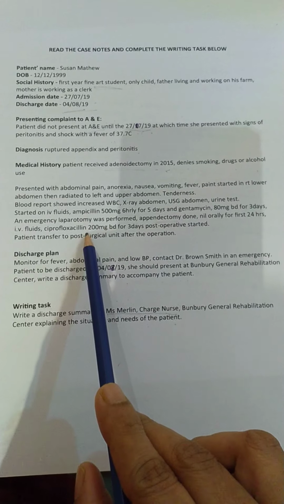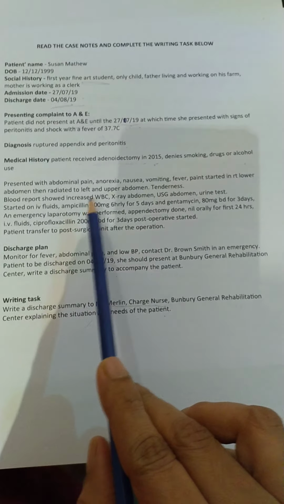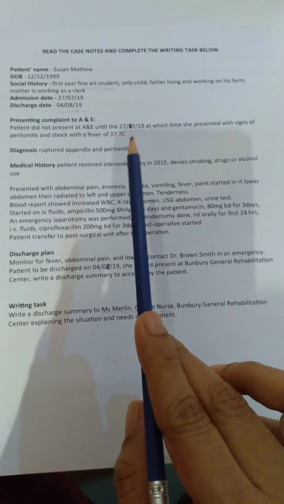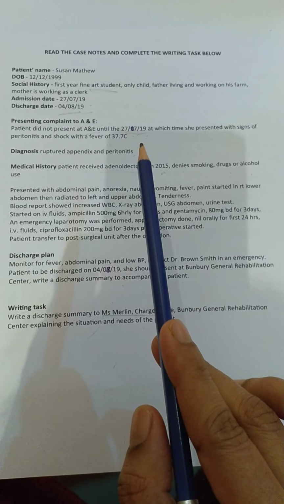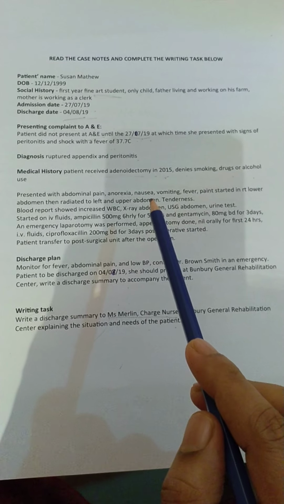Then the next paragraph we can start with Miss Mathew, a first year fine arts student, because that is the only social history. We don't want to make another paragraph only for that one. So we can write like that.